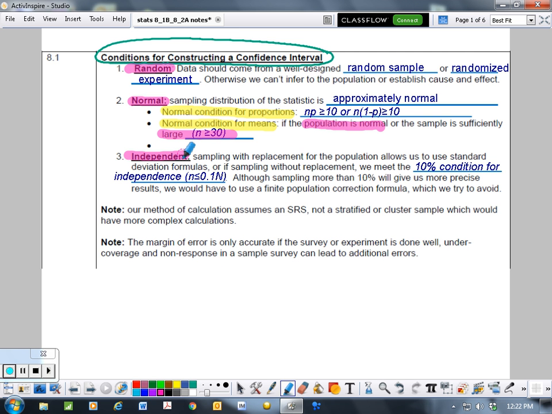So either we're sampling with replacement, or if we sample without replacement, we have to meet that 10% condition. Sampling more than 10% will give us more precise results, but again, we have to use a very special formula, which is really complicated, and you'd want a computer to use that, so we're not going to do that. Now, our method of calculation does assume a simple random sample, not a stratified sample or a cluster sample, because then you'd have to have some more complex formulas.